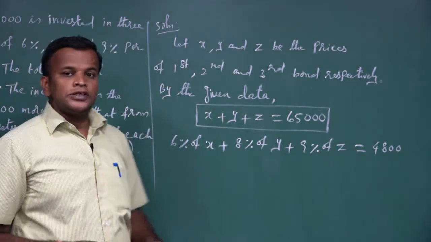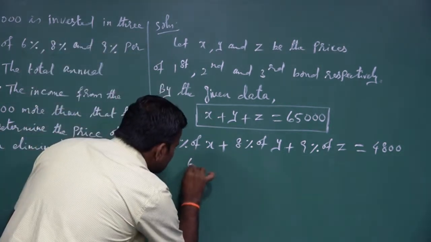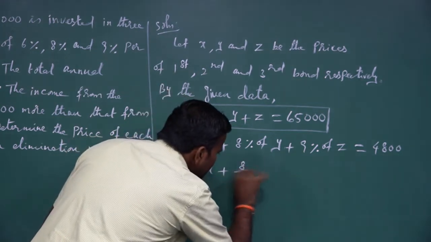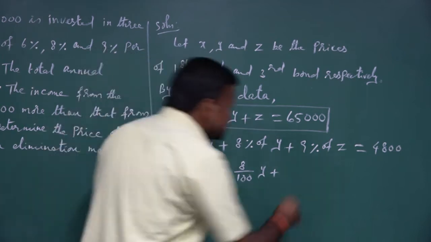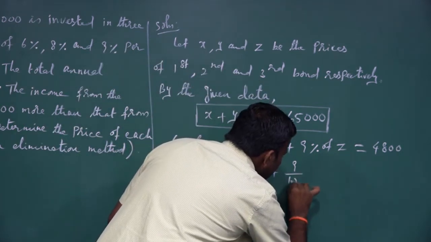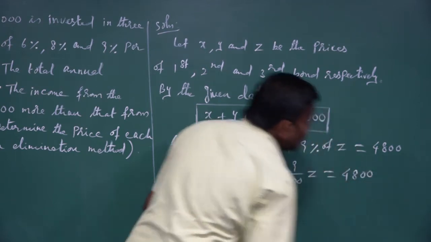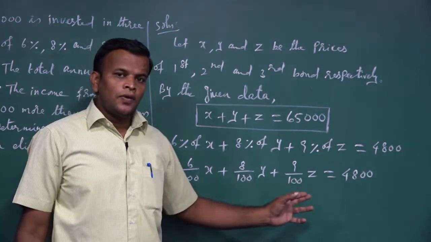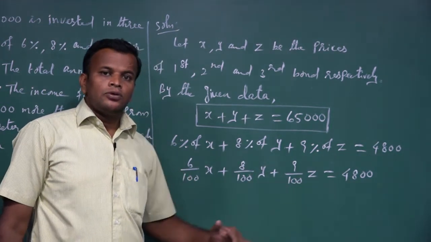How to write 6%? We write 6% as 6 by 100. So 6 by 100 into X plus 8 by 100 into Y plus 9 by 100 into Z is equal to 4,800. Now we simplify the equation. These 3 terms involve a denominator of 100, so we remove it.